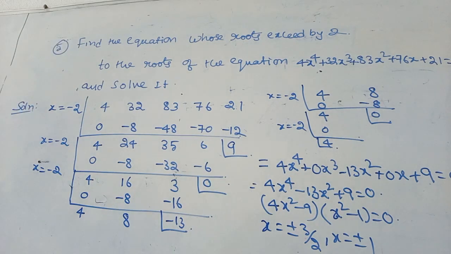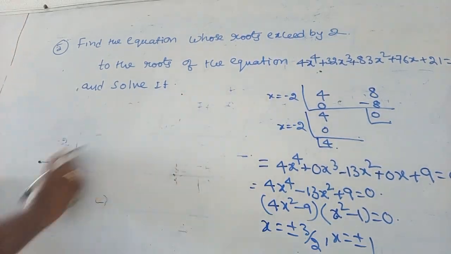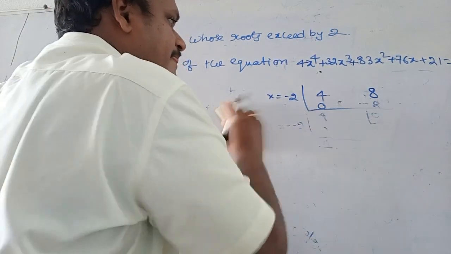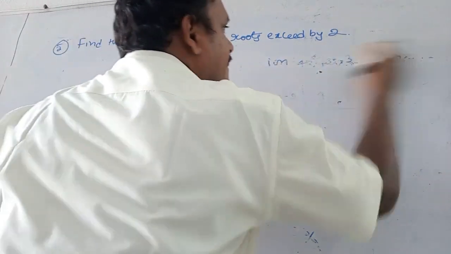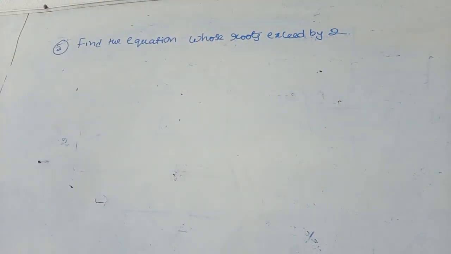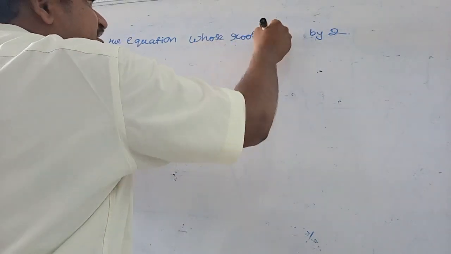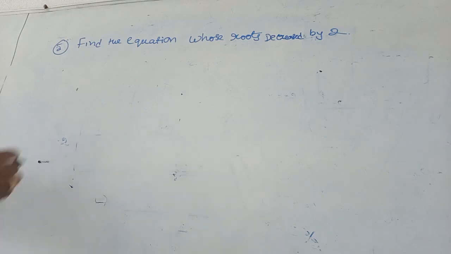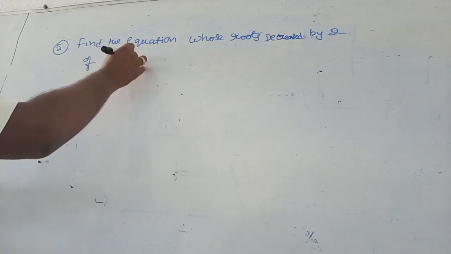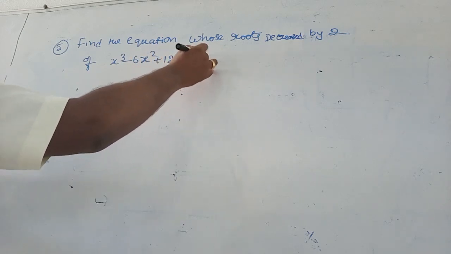Now another problem. Find the equation whose roots are decreased by 2 of the equation we have here, x cube minus 6x square plus 12x minus 8 is equal to 0.